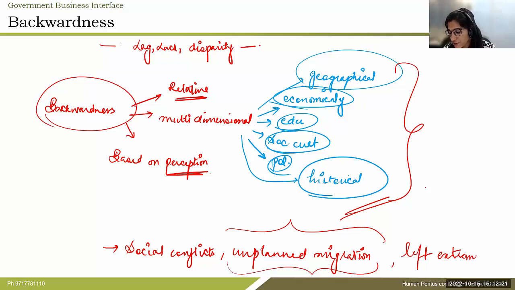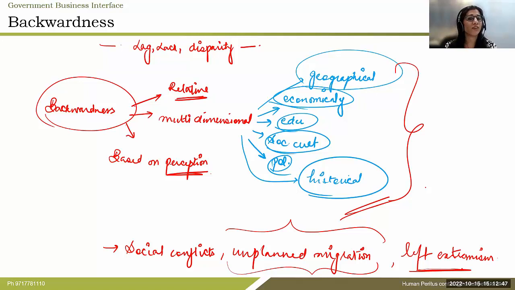Another important thing is left-wing extremism. Now, what is this left-wing extremism? It is the Naxalite movements, as we have seen, which are mostly in central India or the northeastern states. So backwardness invites left-wing extremism as well, because these people who have been tagged as Naxalites consider themselves inferior.